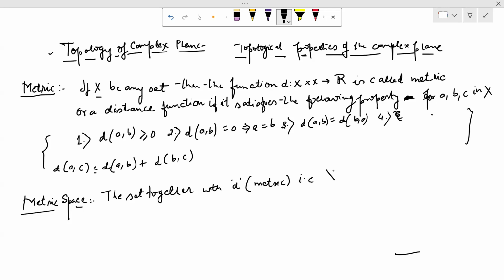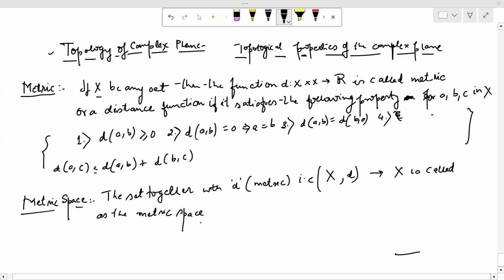If I write it in this fashion, (x, d), this particular space is called a metric space. In general, we most times use the shorthand, that is, simply X only, we don't write (x, d), is called the metric space.